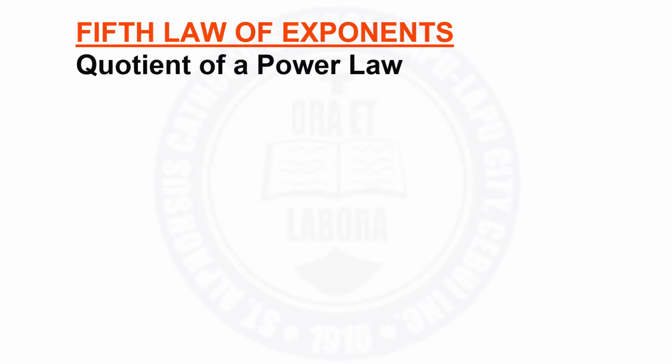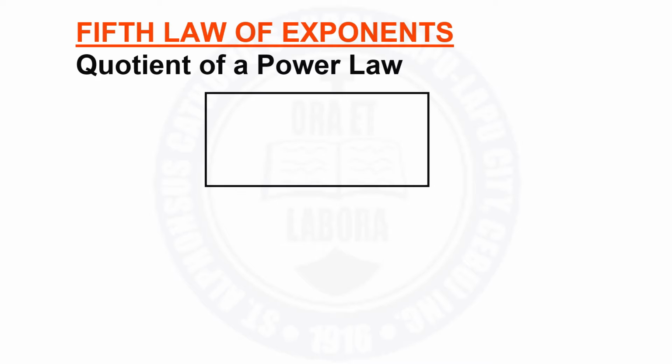We also have the fifth law of exponents, which is the quotient of a power law. So the quantity of x over y raised to n is equal to x raised to n over y raised to n. Meaning to say, you have to distribute the exponent n to each variable x and variable y.